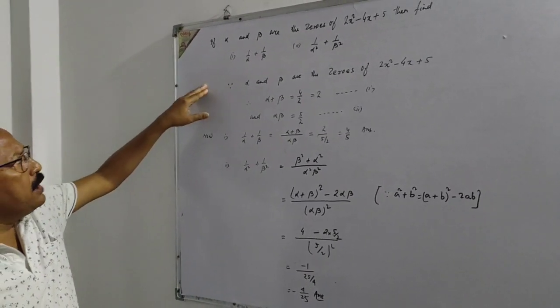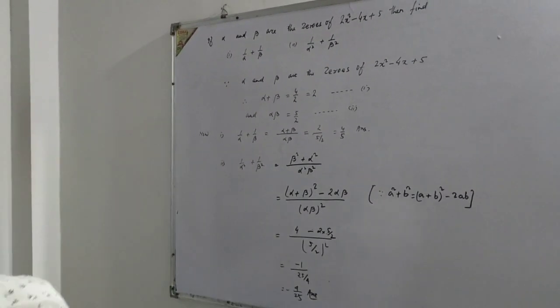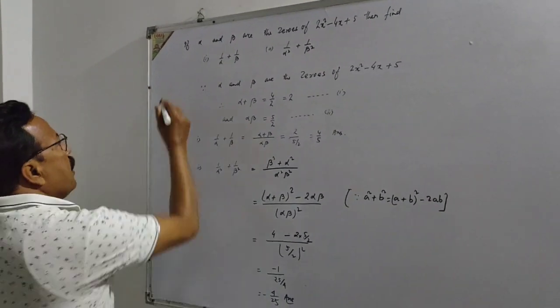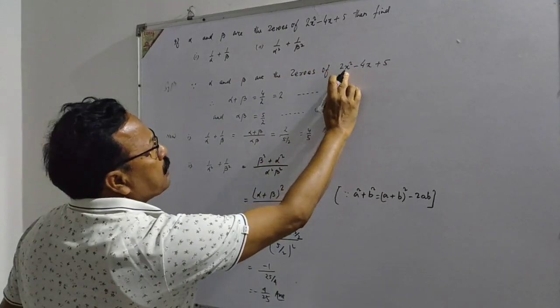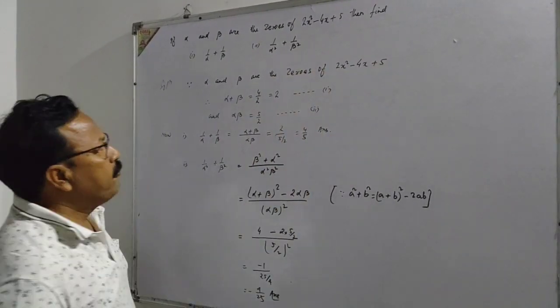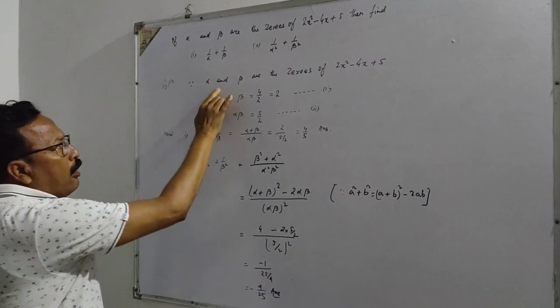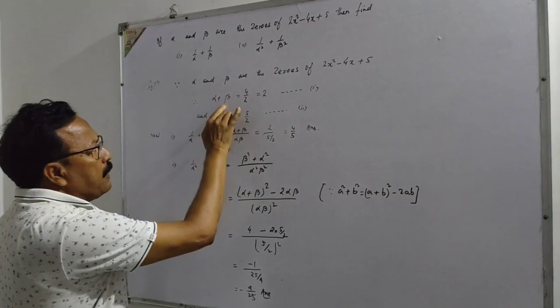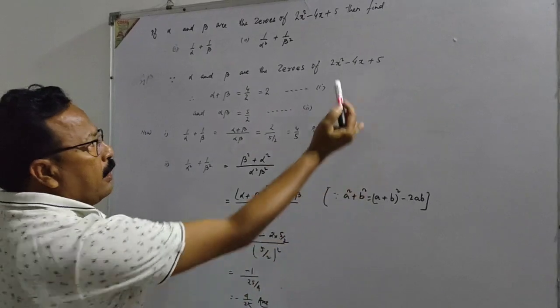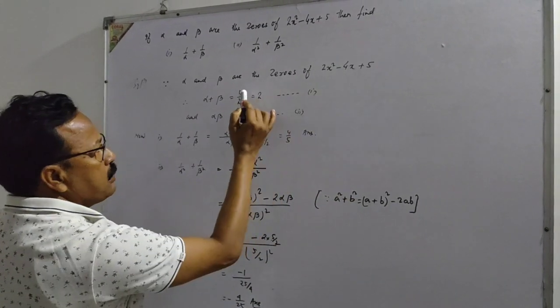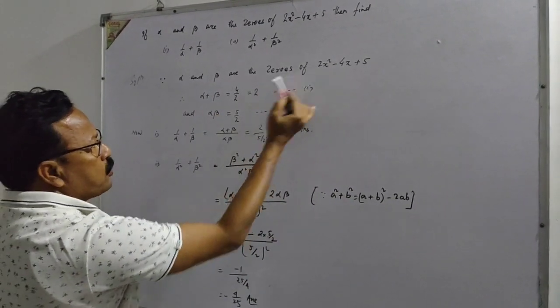Here the solution is, since alpha and beta are the zeros of 2x square minus 4x plus 5, the sum of the zeros alpha plus beta is equal to minus b upon a. Here minus of minus 4 is 4, by a is 2.